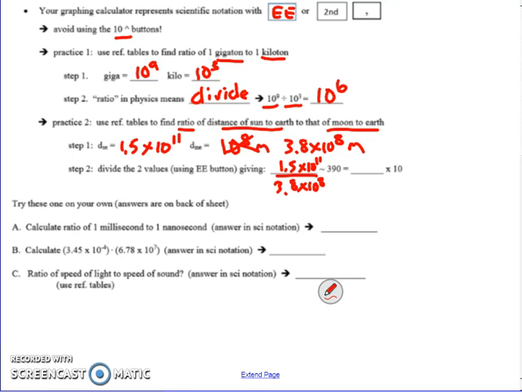That's approximately 390, or if I write it in scientific notation, 3.9 times 10 to the second power. Okay, so there are often times you want to write things in scientific notation, and you should be able to go from 390 to scientific notation. If you're not sure, ask in class and we'll review that.